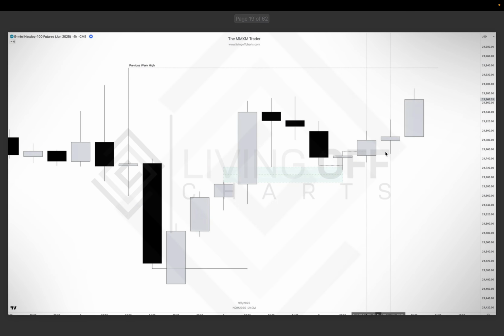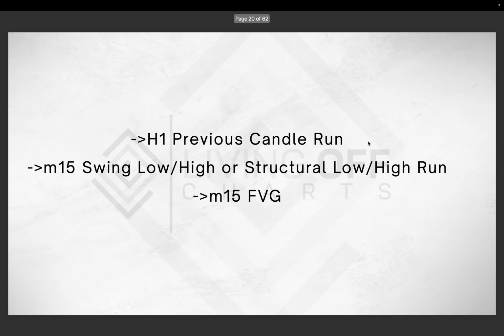Okay, so we're going to start off by looking at this 4-hour candle, just this right here. We're going to be looking at those 4 hours. Okay, and in those 4 hours, what are we looking for? We're only looking for 3 specific things to form, okay, within those 4 hours, not before, within them. Inside of those 4 hours, you either want to see a previous 1-hour candle's low get run, okay?